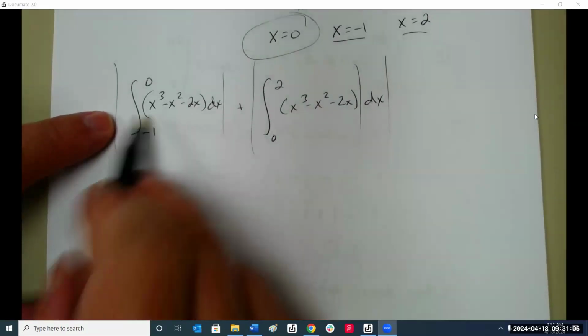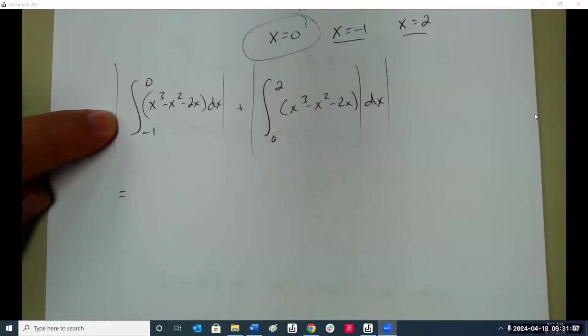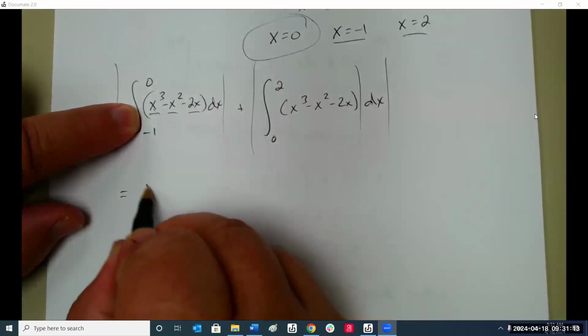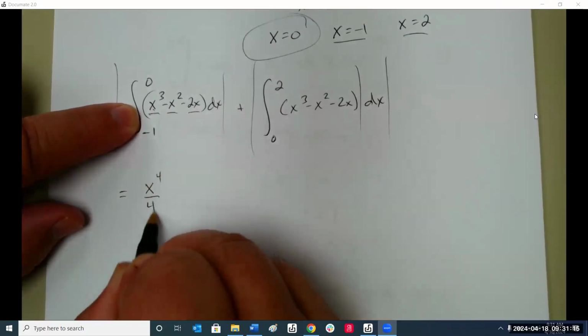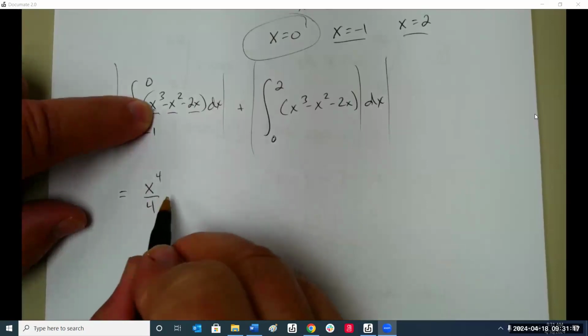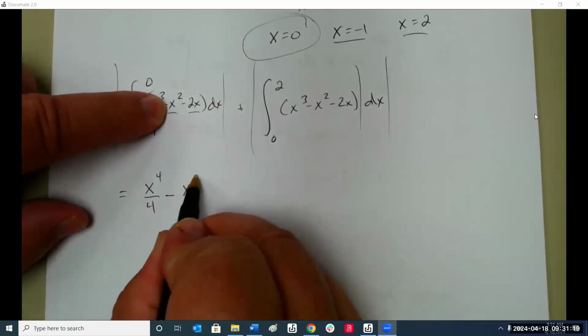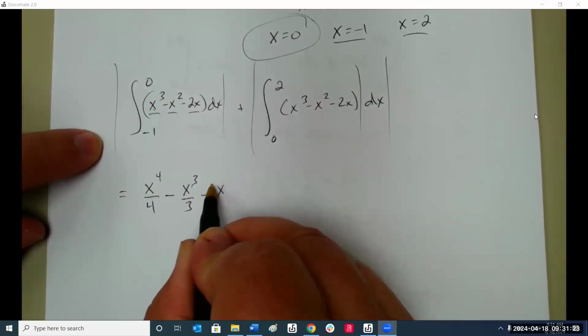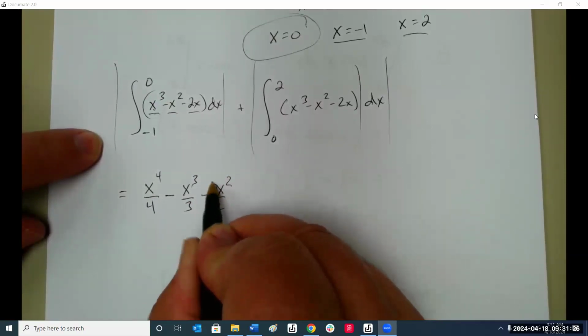So what's the integral of the first one going to be? Do each one separately. X to the 4th over 4 minus x to the 3rd over 3 minus 2x squared over 2, and the 2's cancel.